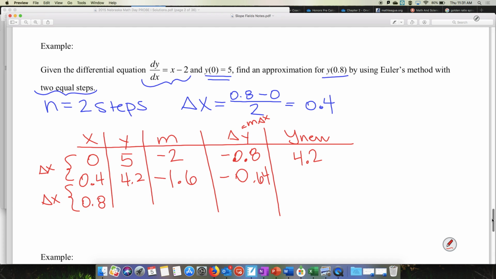Okay. Well, we started with a y value of 4.2. Our change in y is a negative 0.64, which lands us at 3.56. So our new coordinate is 0.8, 3.56.